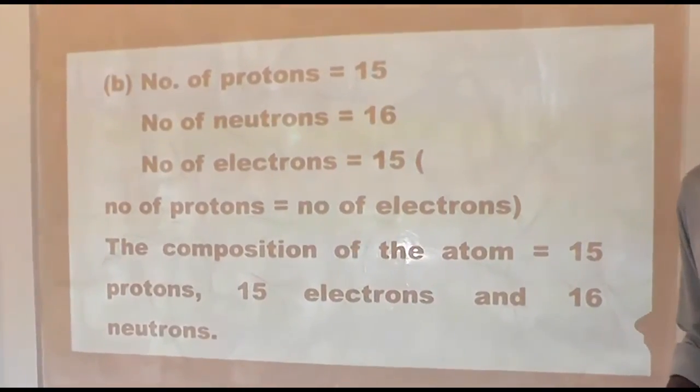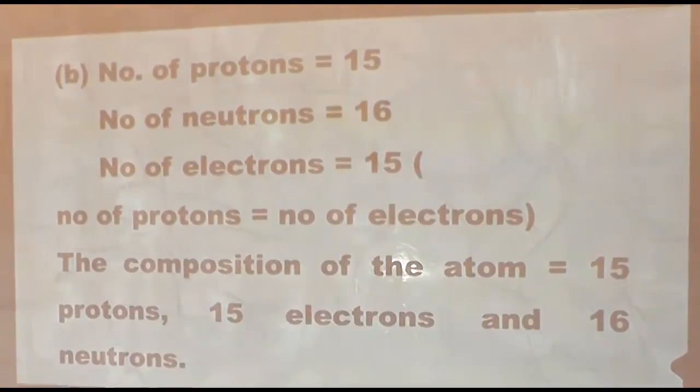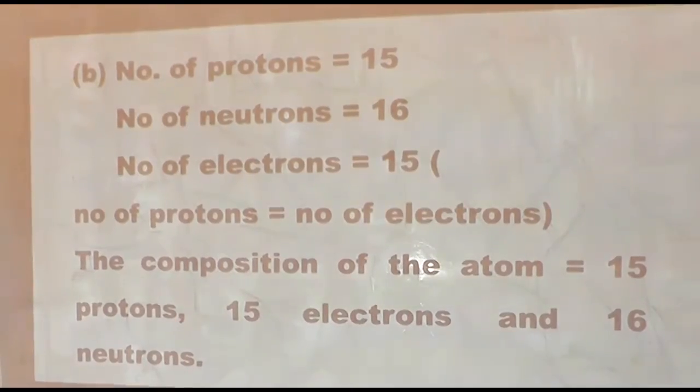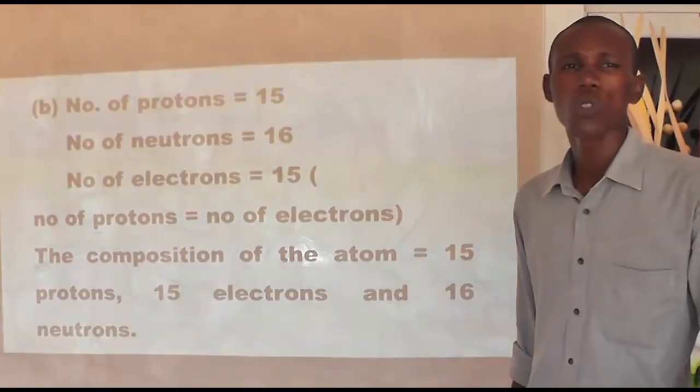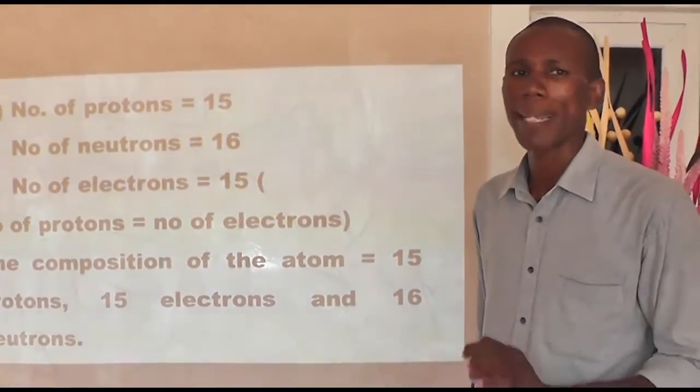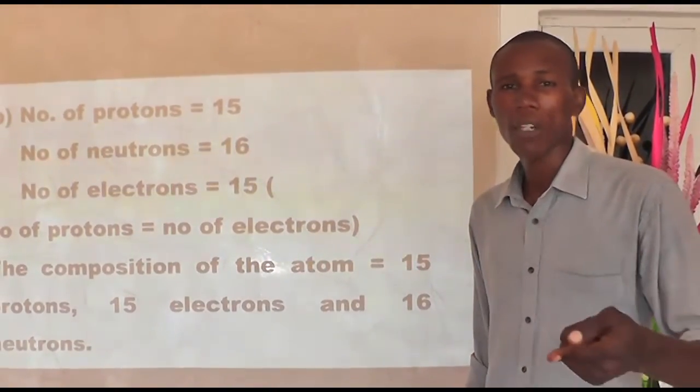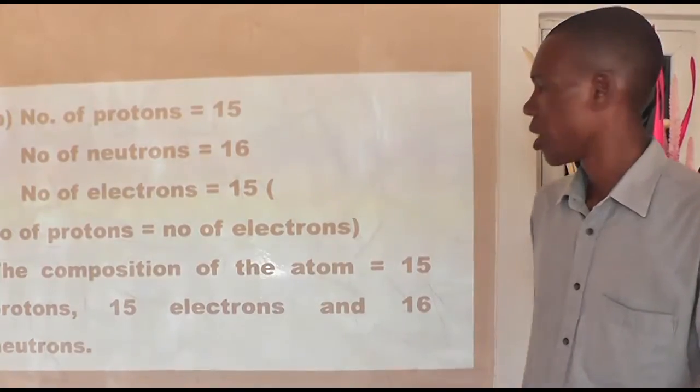The composition of that atom itself. Remember that an atom is made up of 3 subatomic particles, which we denote as PEN: proton, electrons, and neutrons.